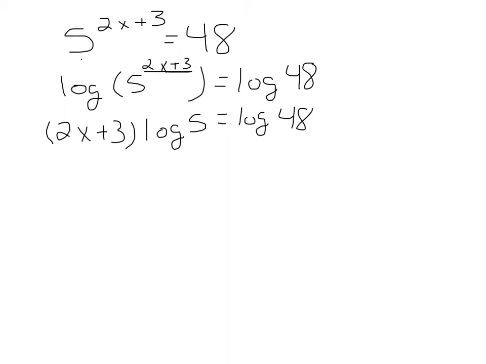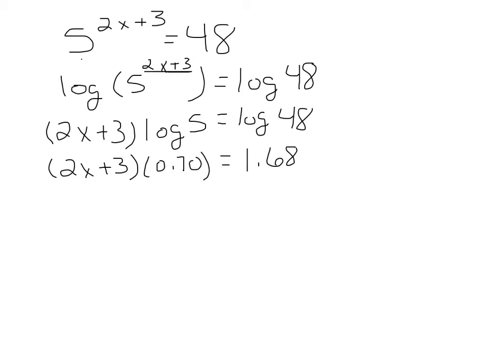Log of 5 and log of 48. So I get 2x plus 3 multiplied by, we'll call it 0.70, which is equal to the log of 48, which is 1.68 if we're going two places after the decimal.